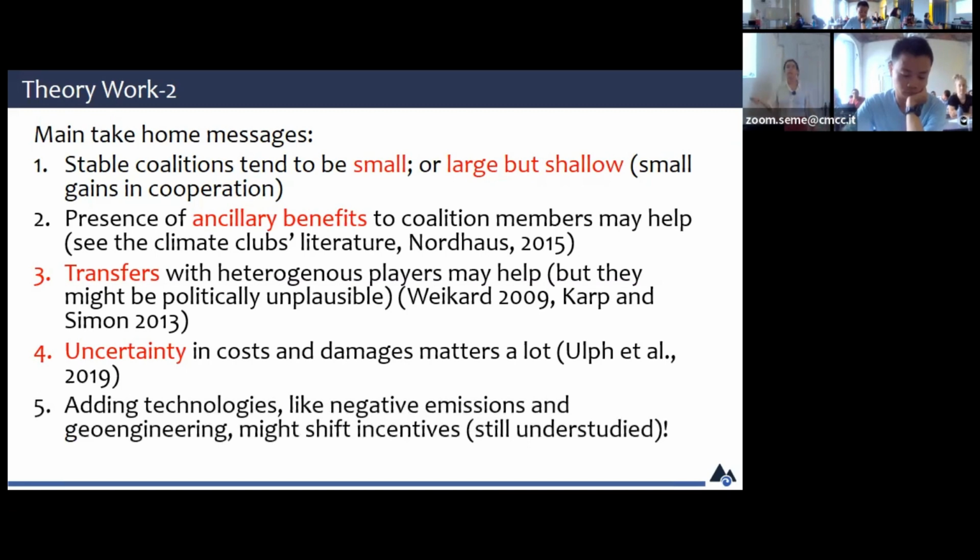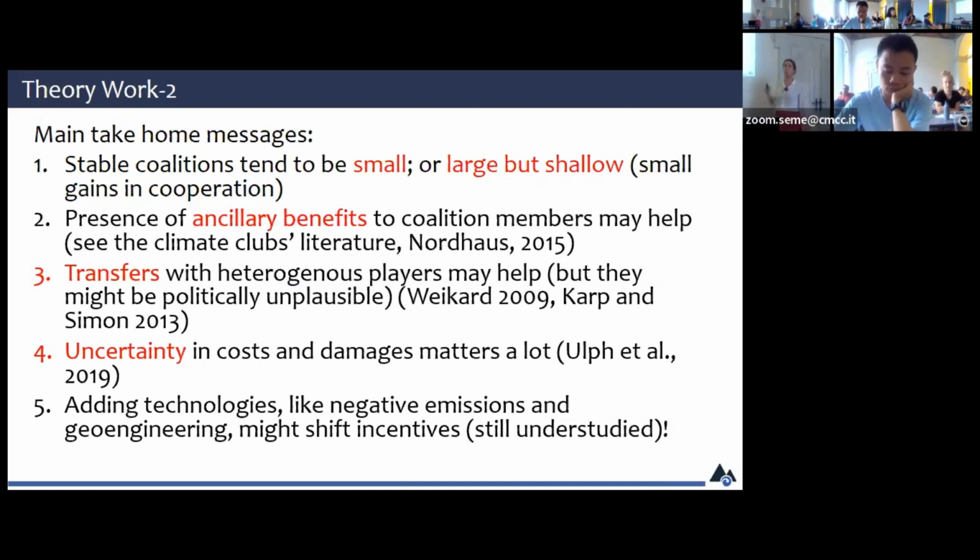And then, this is the point where I want you to feel I'm poking: you really need to look into negative emissions and geoengineering, which are things we were not thinking about where most of the literature came out. They do matter, may shift incentives, and might change everything on the level of the stability of a coalition. And people didn't study this at all. In theory terms, zero.